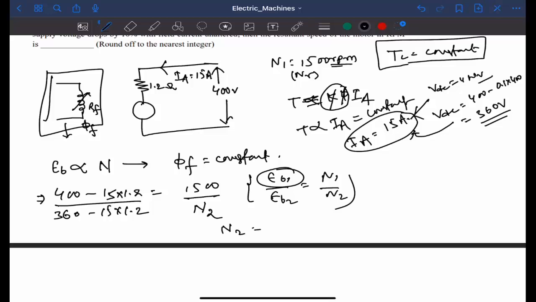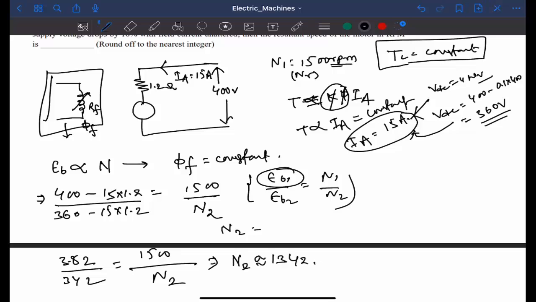N2 is what? 400 minus 15 into 1.2 is 382, 342 equal to... So N2 will be approximately 1342.93.